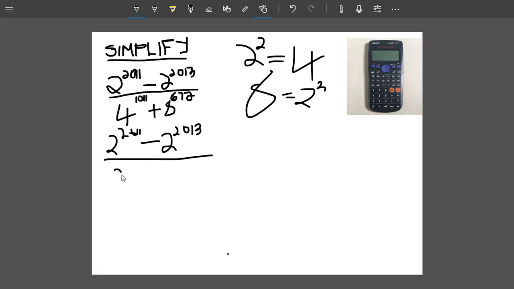Then we write 2. Then remember, this 4 here is equal to this. Then we say it's 2 times, don't just say 2 and leave it, times this here.